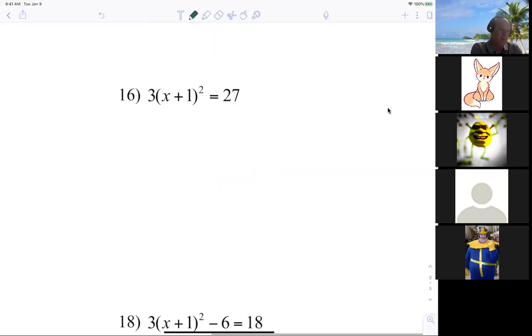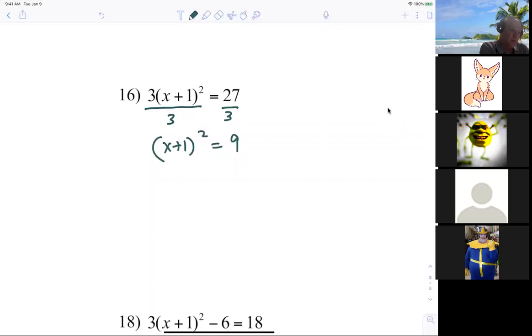All right, now here again, it's about isolating. Right, so the first thing we're going to do is we're going to divide by 3. Divide by 3. I end up with x plus 1 squared equals 9. Now I take the square root of both sides. And don't forget, when you take the square root of x squared, you always need the plus or minus. That's where kids make the mistake.